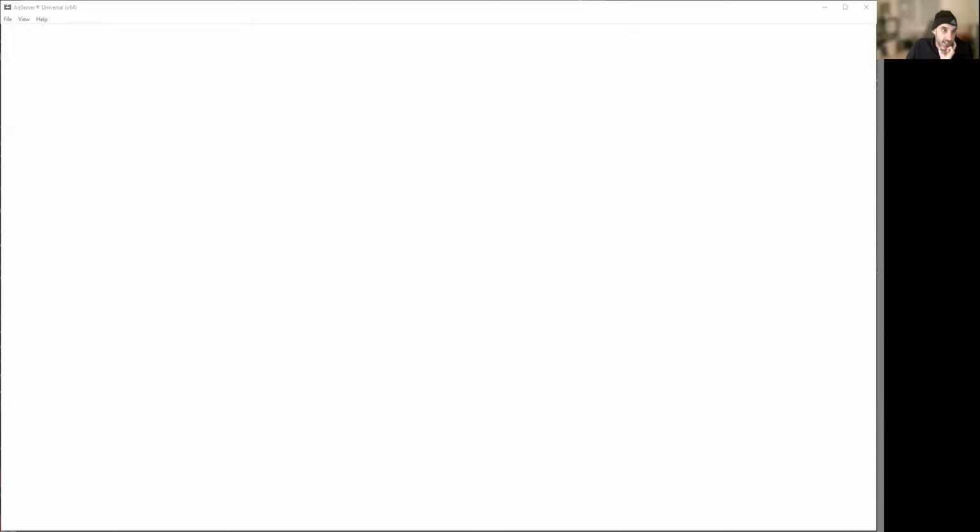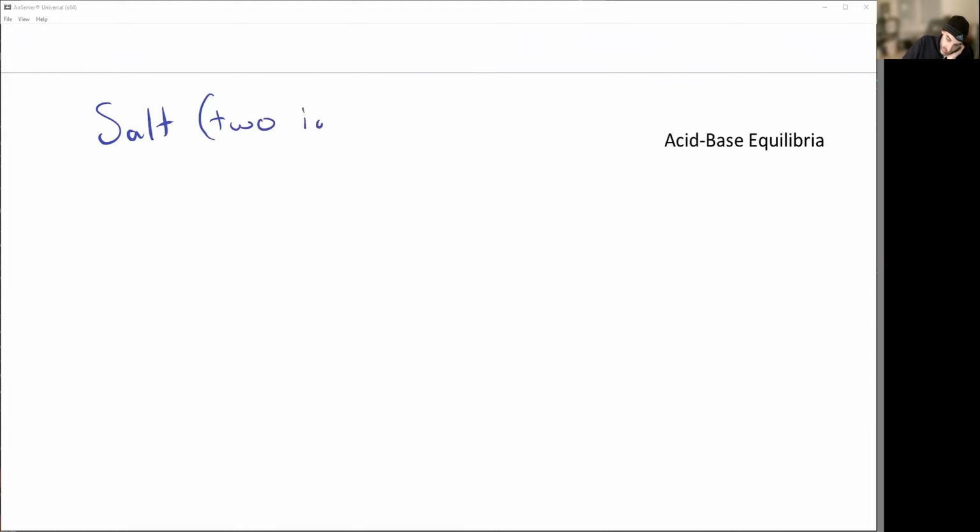So here's the idea. When we are talking about salts, first of all, let's define what a salt is, as we always have to. A salt is simply 2 ions together. A cation, which you know is positive, and an anion, which is negative, and they're bound together.